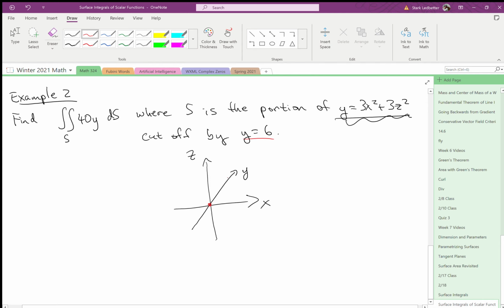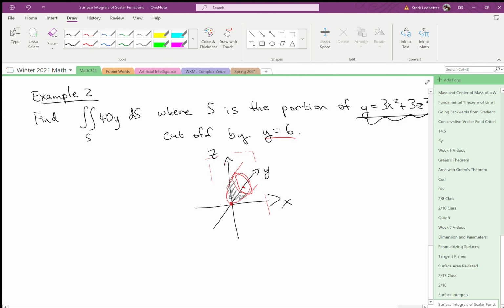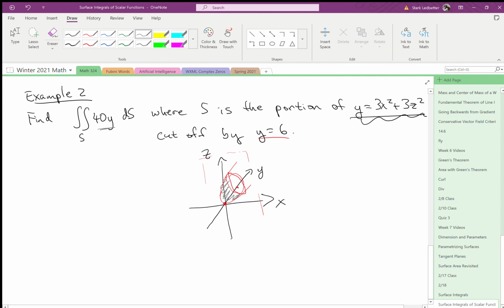And then y is increasing, and it's increasing in a paraboloid sense. The 3 just makes it a skinnier paraboloid. And then at some point we have y equals 6, so we're cut off at this plane. For convenience, we'll just say it's there. So over that surface, we're integrating this function 40y.